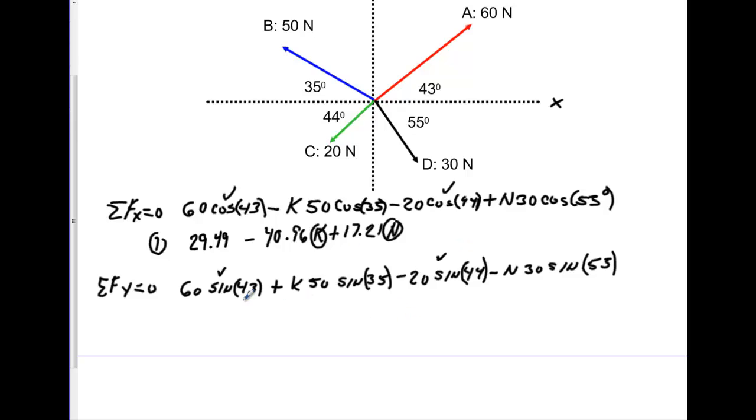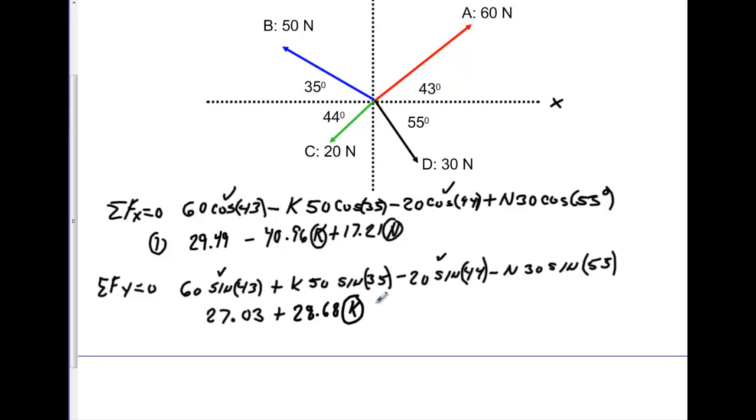That's going to give me a value of 27.03. And then we're going to do the K. 50 times the sine of 35 gives me plus 28.68K.